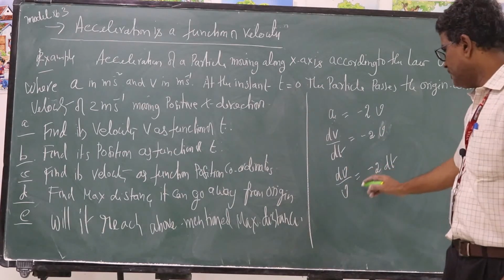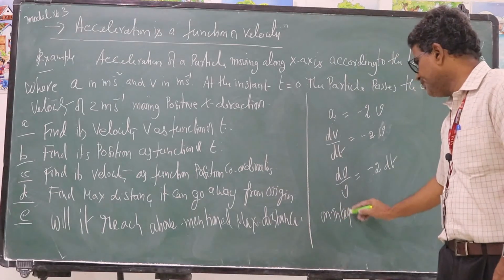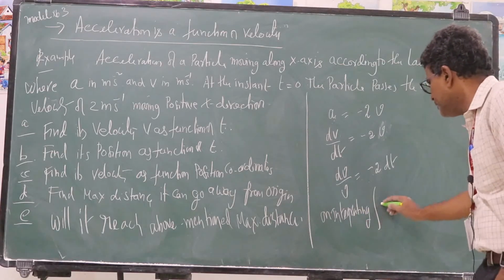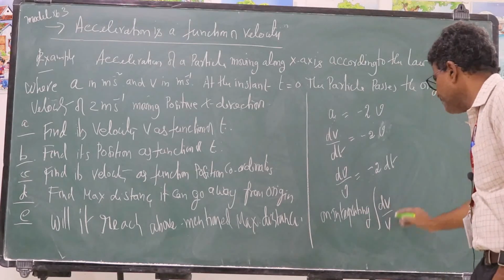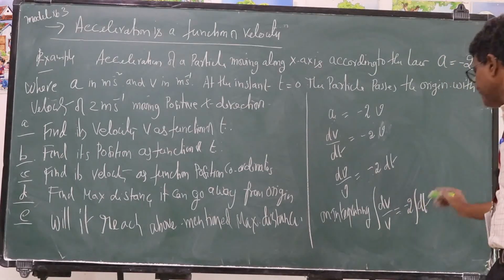The next one is on integrating. Integral dv by v is equal to minus 2 into integral dt.